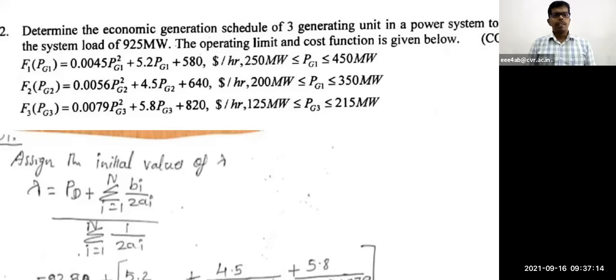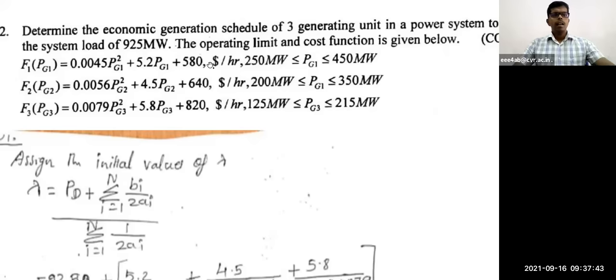The question you can take: determine the economic generation schedule of 3 generating units in a power system to the system load of 925 megawatt. The operating limit and fuel cost function is given below.